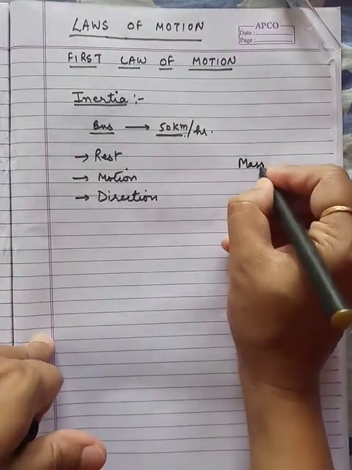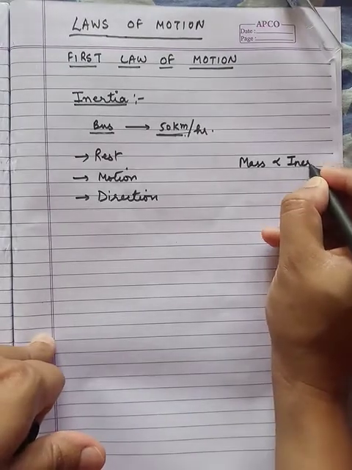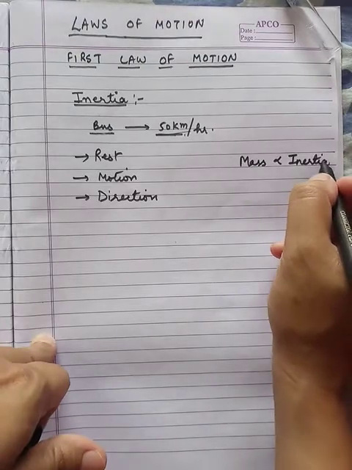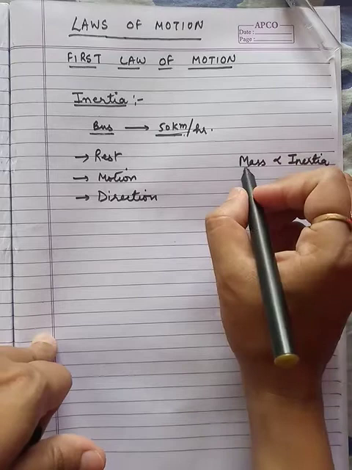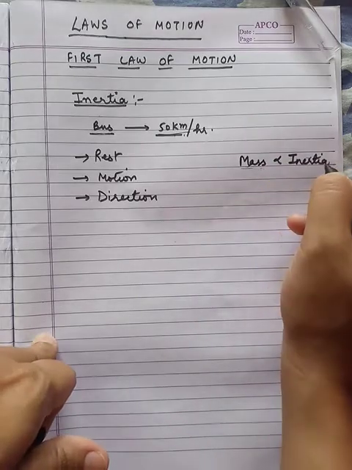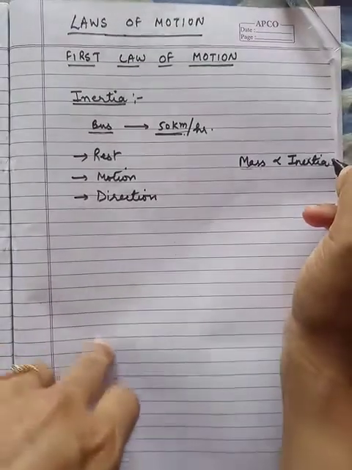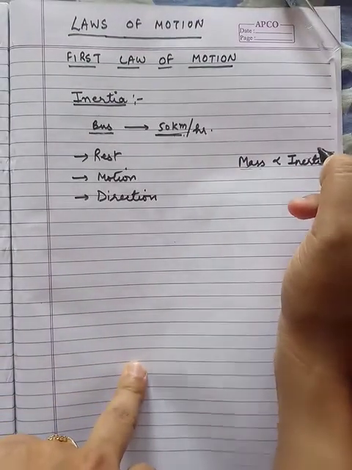This is also very important to understand. The property of inertia is related to mass. If an object has more mass, then it has more inertia. That means it has more tendency to resist the change in its state.